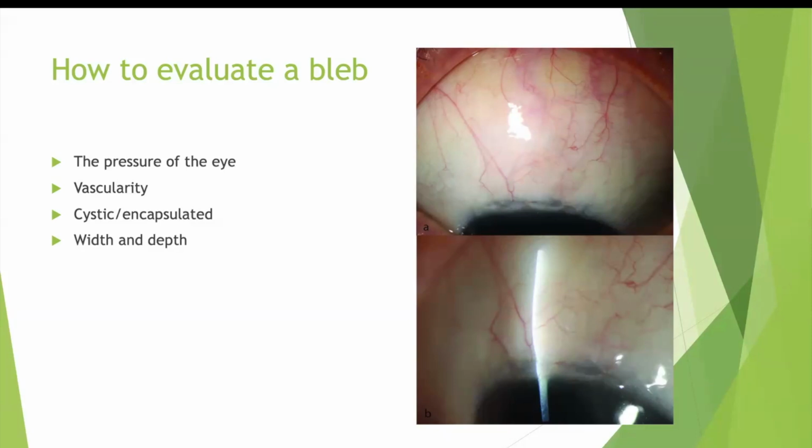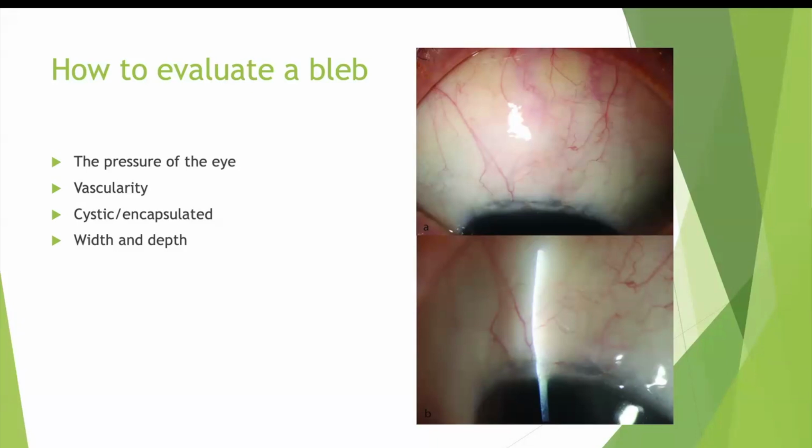So what do you do with these cystic or encapsulated blebs? You have the options of needling, where you come in behind the cyst and behind the capsule, and you needle it with a very thin needle, and you essentially create channels to allow the fluid to leave again, or you just go in and do a redo.